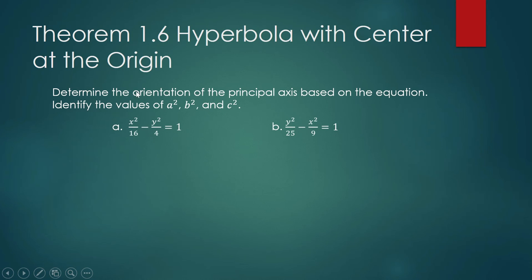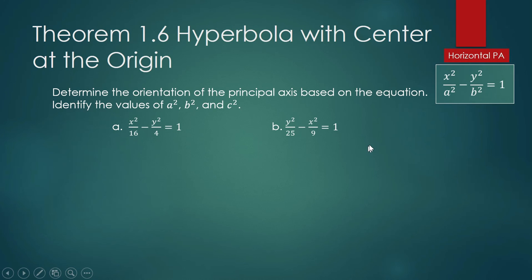How about this one? What do we know? This one is a hyperbola with center at the origin, and the term that comes after subtraction is your y squared. So this one has a principal axis that is horizontal.